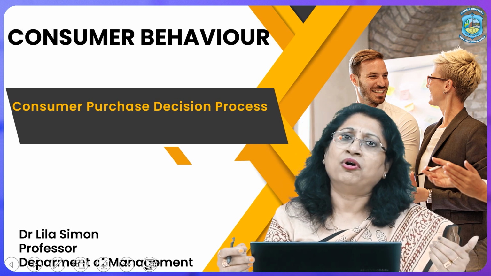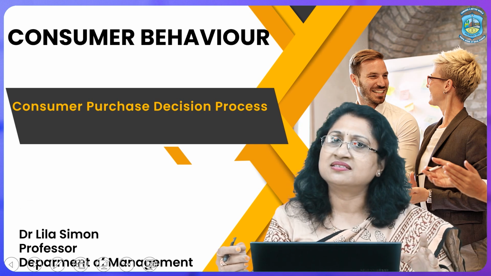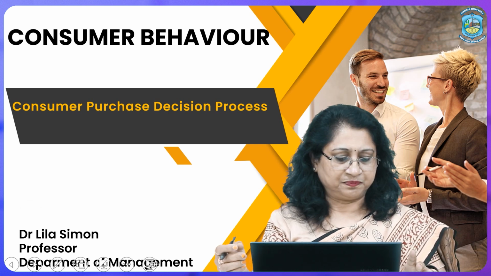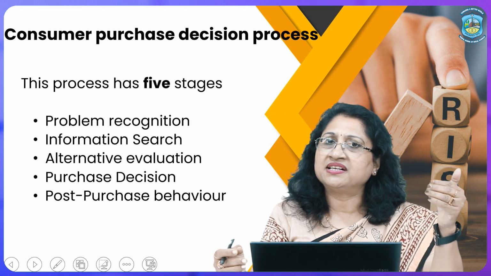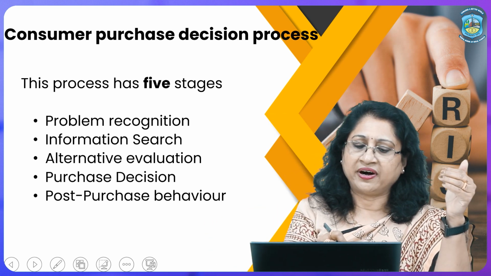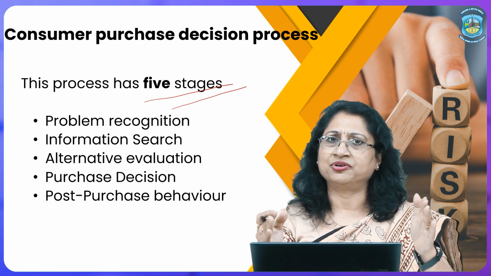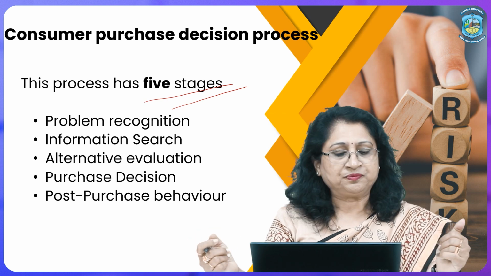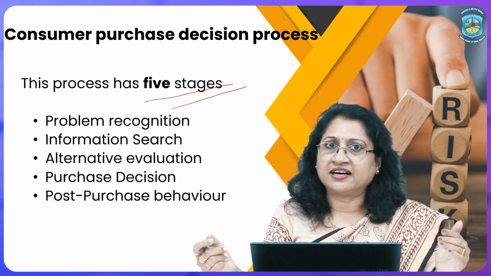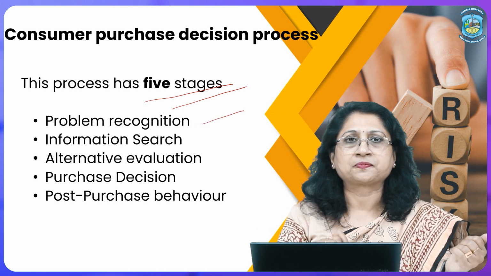There are a lot of models in consumer behavior, of which this is the easiest one. Any decision process basically has 5 stages. These have been reduced and summarized as the 5 major stages. The first is problem recognition.